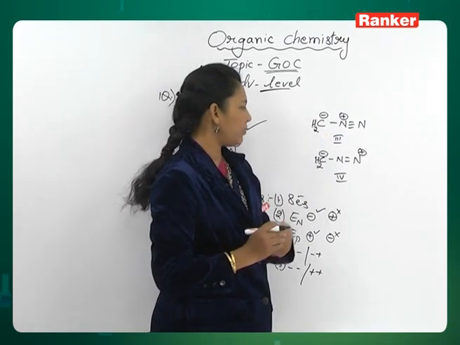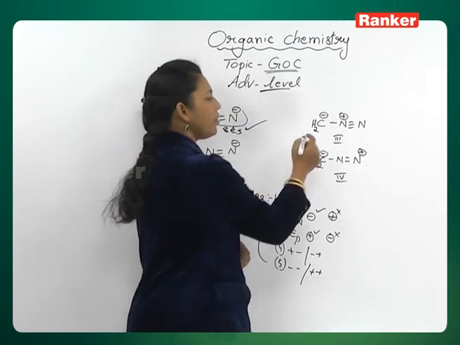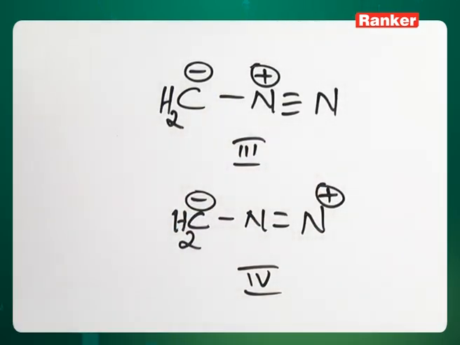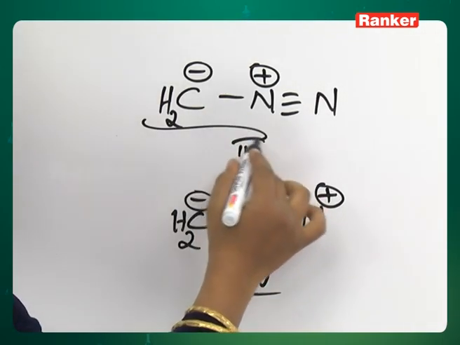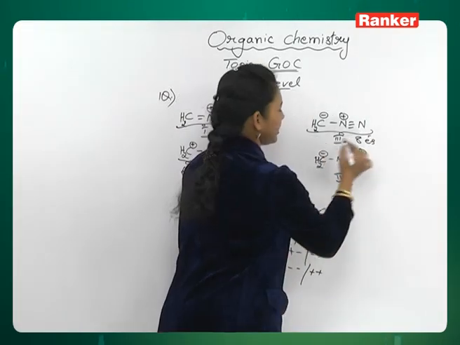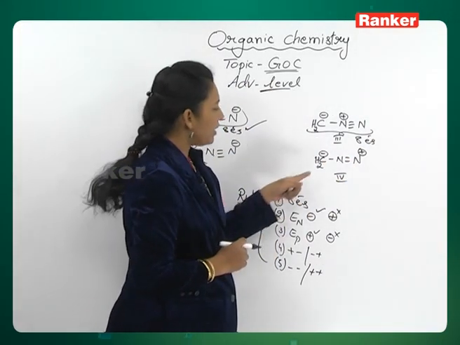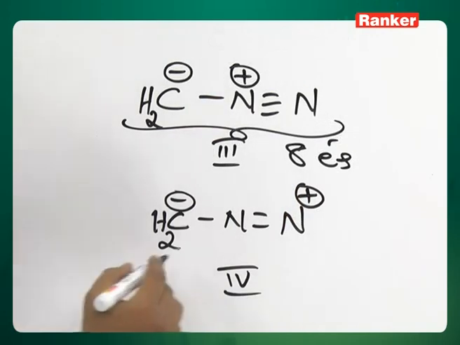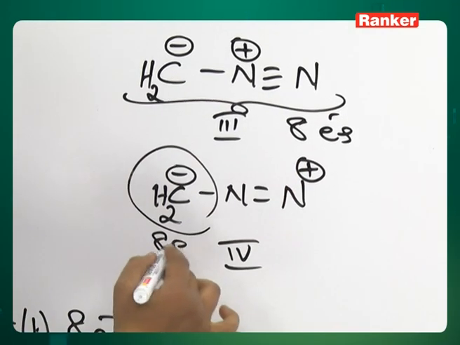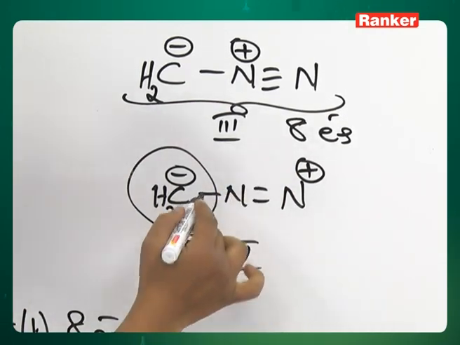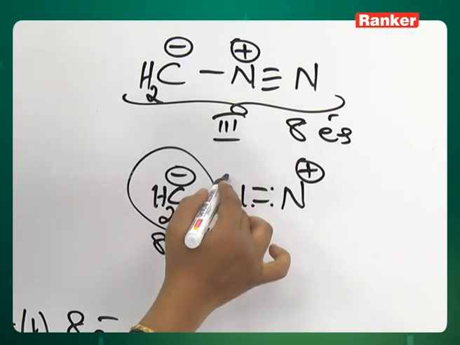Now the third compound. In this compound all the atoms have octet configuration, 8 electrons. In the fourth compound, the carbon has 8 electrons, and this nitrogen also has 8 electrons, with a lone pair.